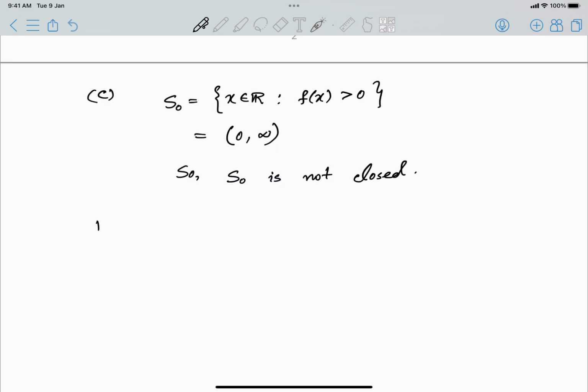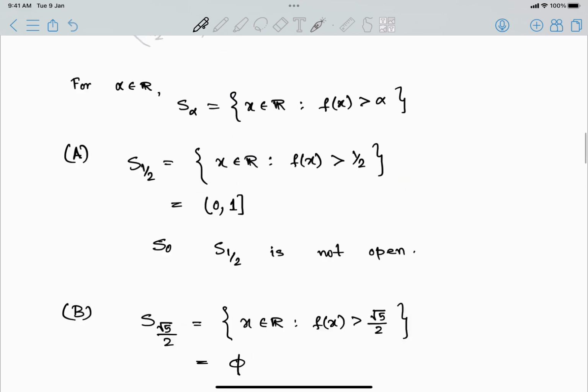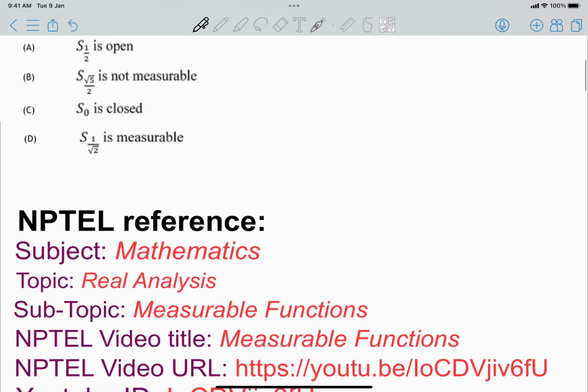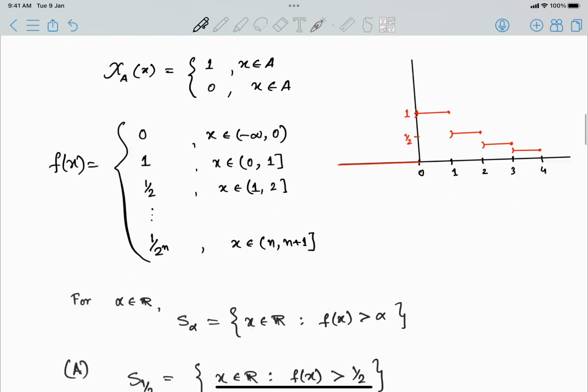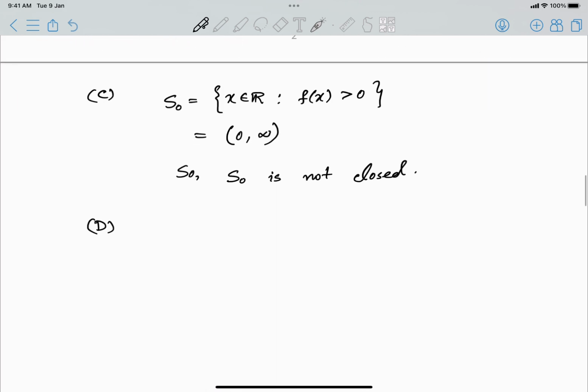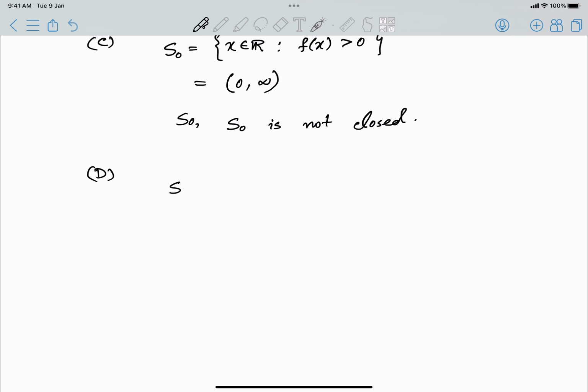And option D, what is it saying? S 1 by root 2 is measurable. S 1 by root 2 is all such x such that f(x) is bigger than 1 by root 2. So which points will come? Bigger than 1 by root 2.